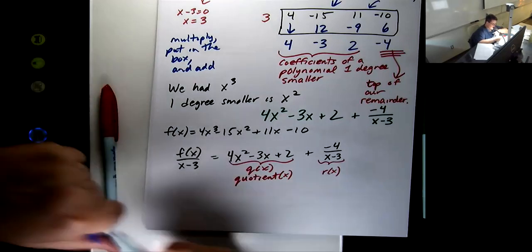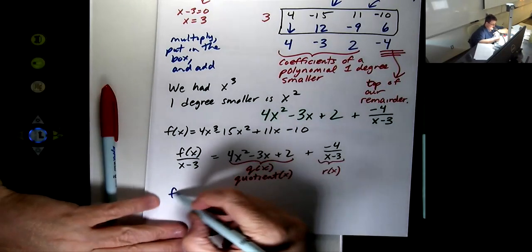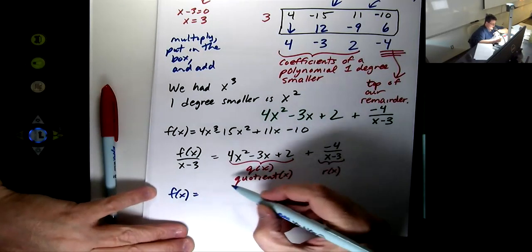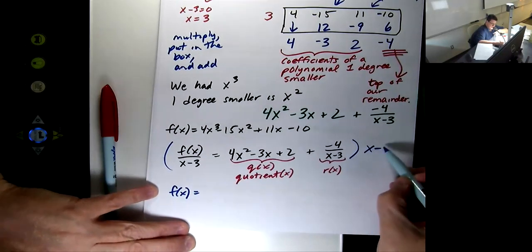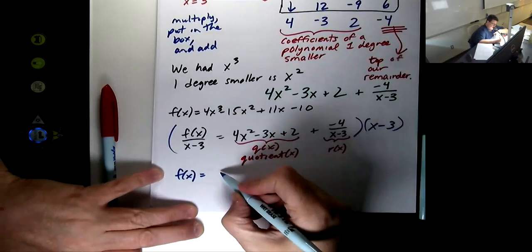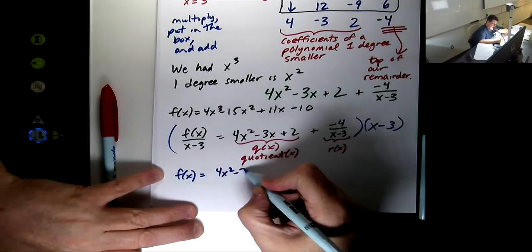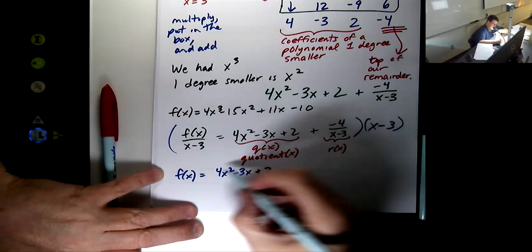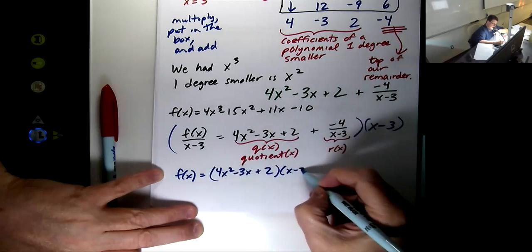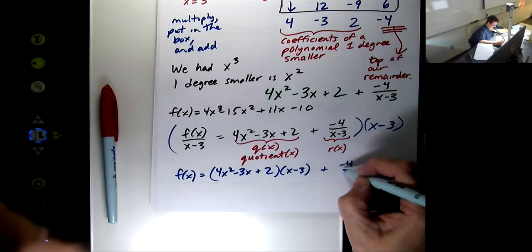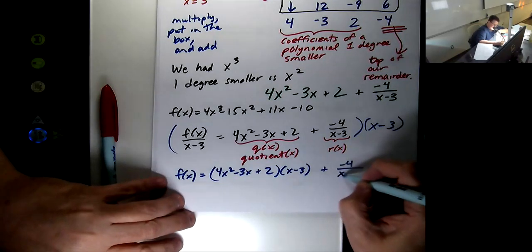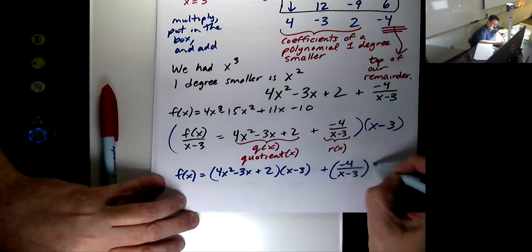Now, if I multiply both sides by x minus 3, I get 4x squared minus 3x plus 2 times x minus 3, plus -4 over x minus 3 times x minus 3.